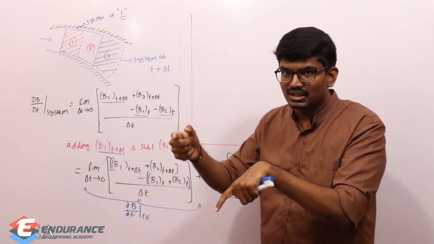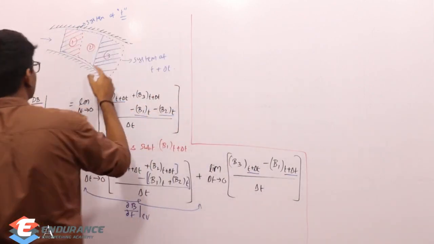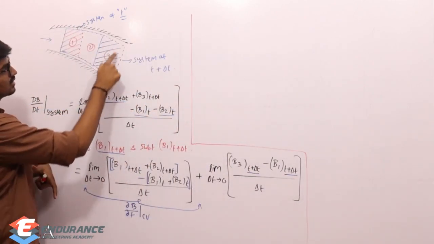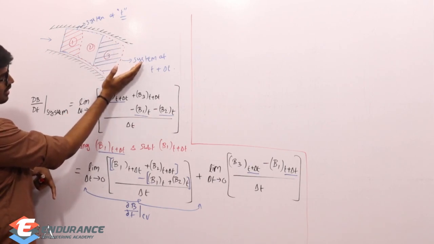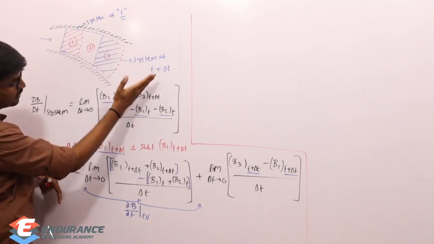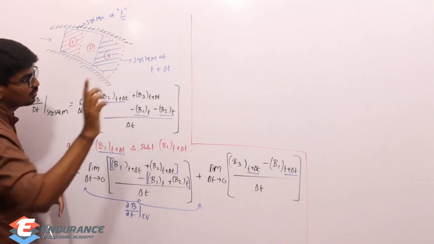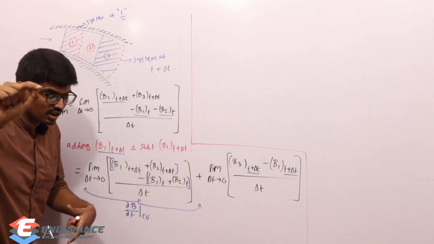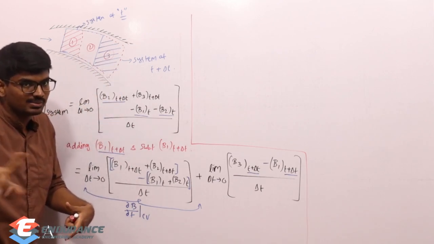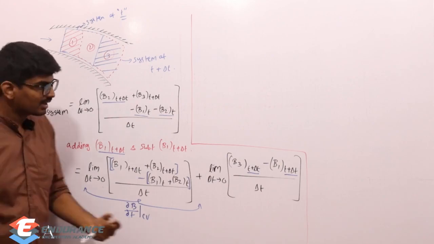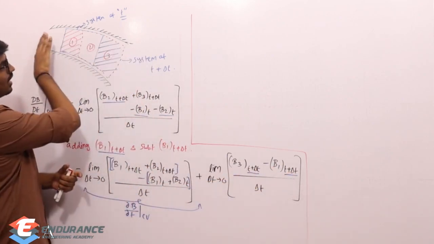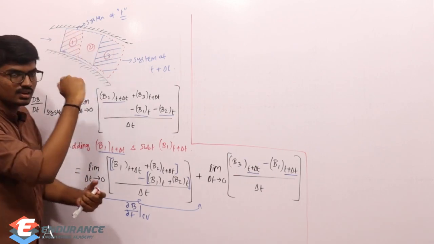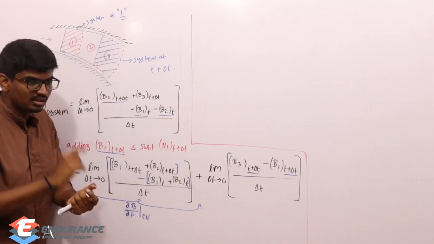At time t plus delta t, this much amount of molecules left my control volume, right? It is coming out of the control volume. This is outflow of the property B, capital B. At the same time t plus delta t, initially at time t, 1 plus 2 was there, which is merging with the system.